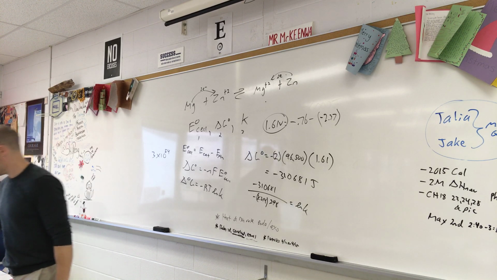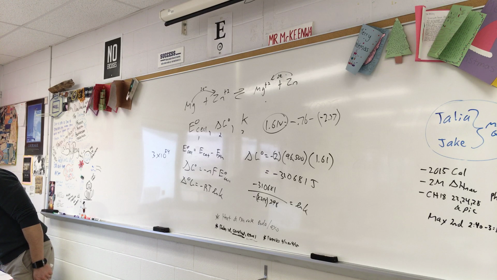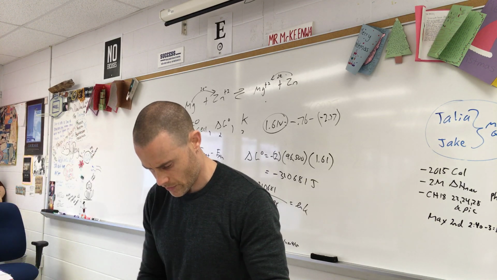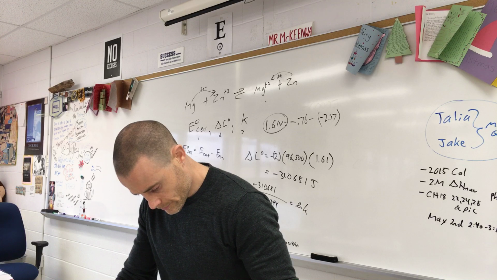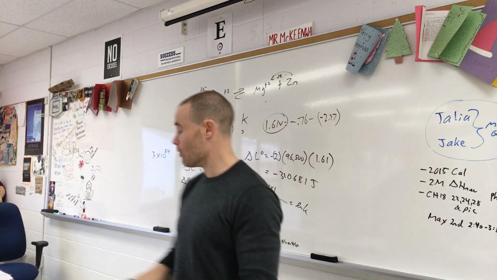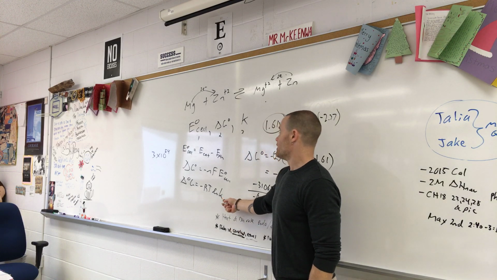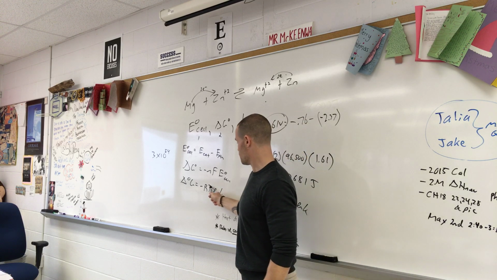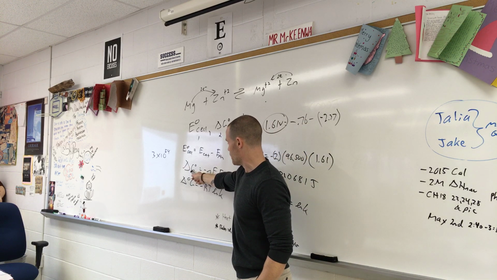Okay, 24. They just want the E cell: 0.368 volts. So that's thermodynamically favorable. What do they give you? Oh, here we go. I totally forgot, but they gave us K. So I apologize, I'm not going to go through this problem. They give us K, you take the natural log of it, multiply by these, get your delta G, plug it in here.